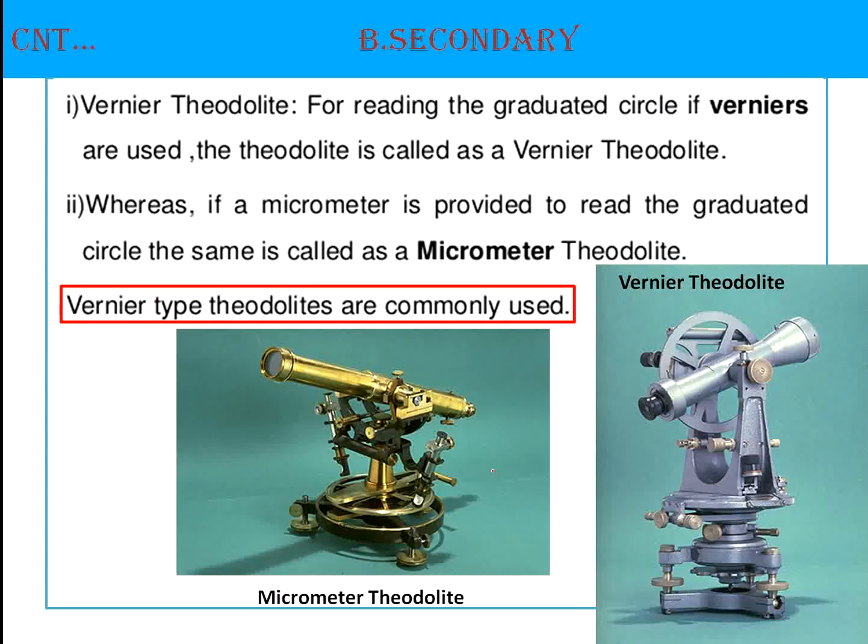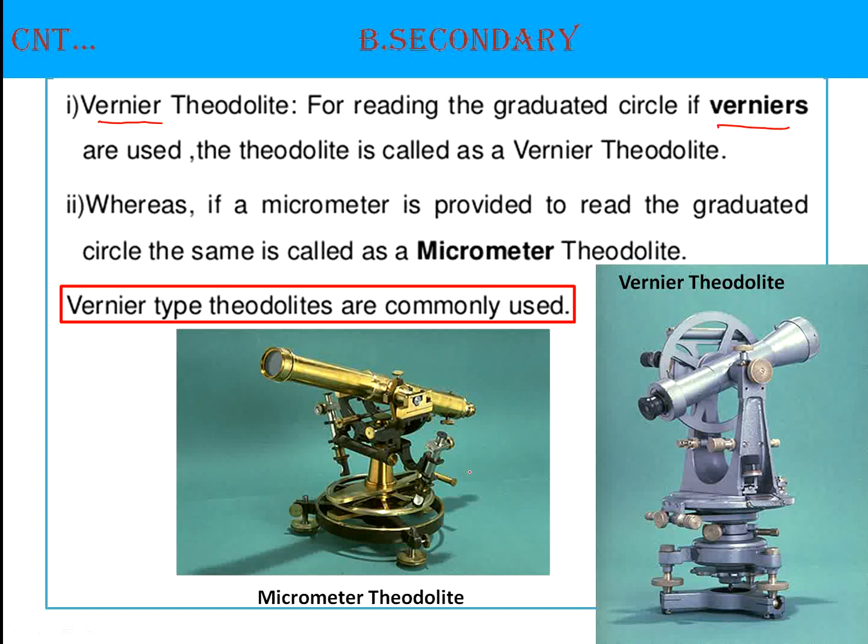Now coming to the secondary classification of theodolite. The first one is the vernier theodolite. Vernier theodolite is the one in which there will be a graduated circle which is used for measuring the angle values. For reading those angles, if verniers are used, then that type of theodolite is known as a vernier theodolite.